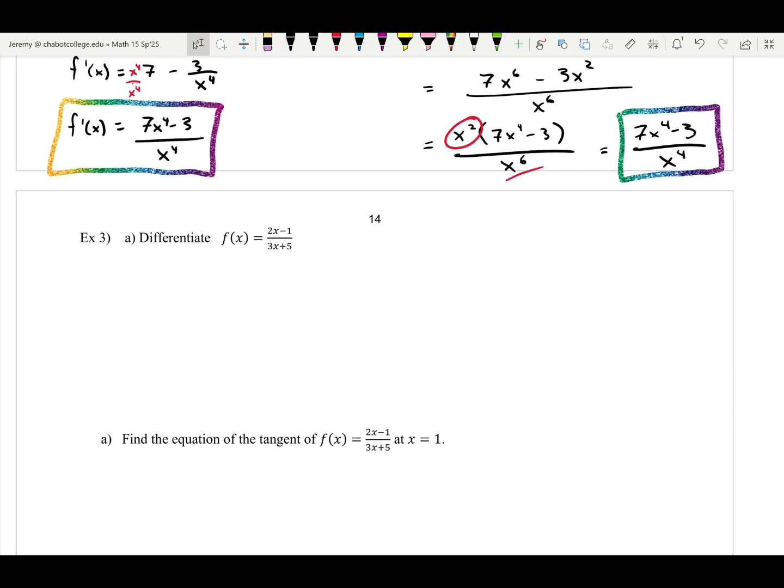So for 3a, we want to differentiate this function here. So we could break this up into a sum, like 2x over 3x plus 5 minus 1 over 3x plus 5, kind of in the way we did that previous example.